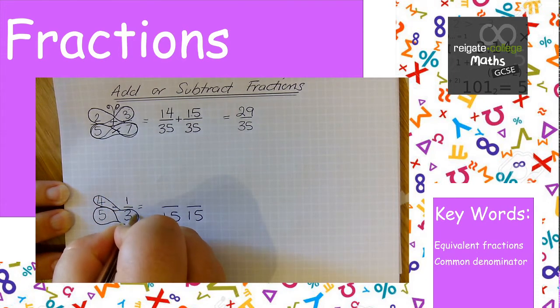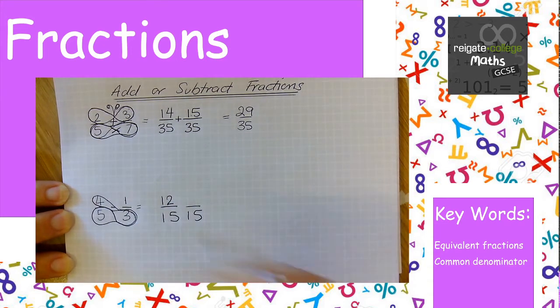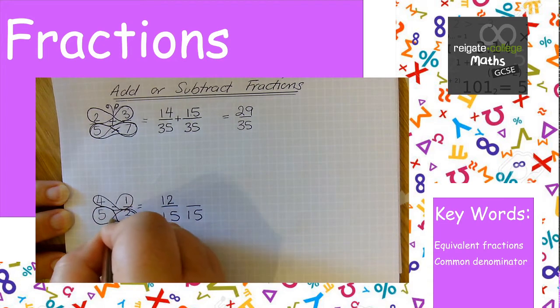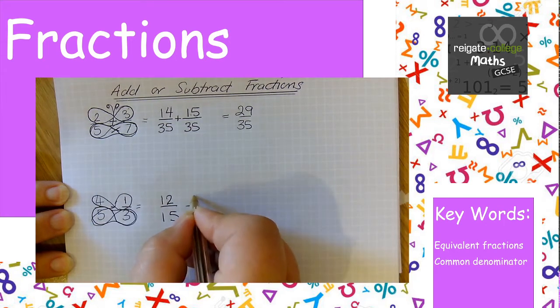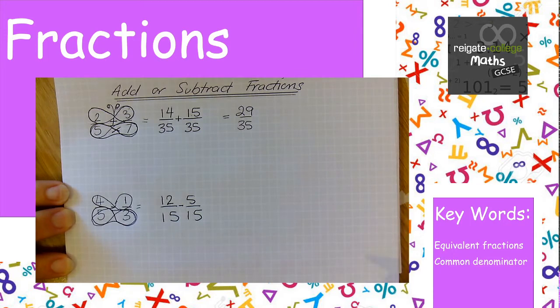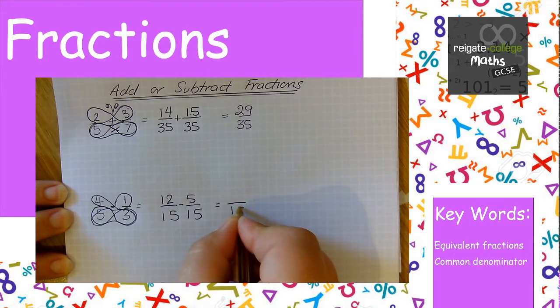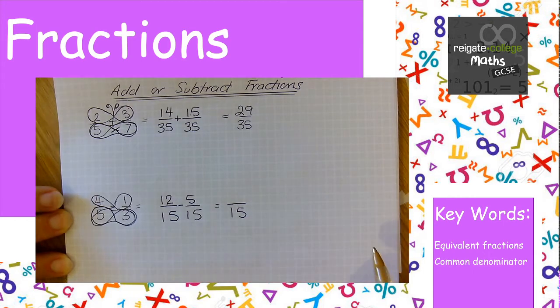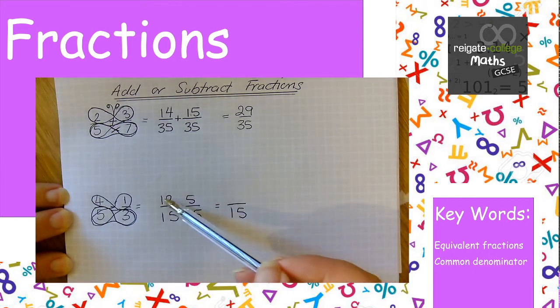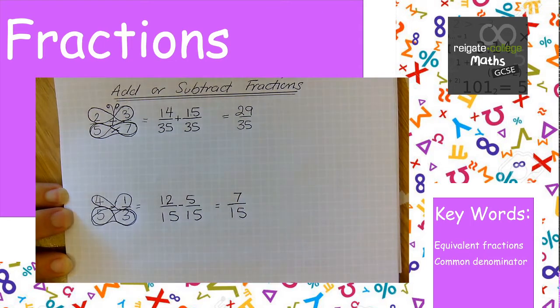Multiplying these 2 numbers, my first numerator is 12, and these 2 numbers, my second numerator is 5. I remember that this is a subtraction sum, so I'm still counting in 15ths. My denominator doesn't change. This time it's 12, take away 5, which leaves me with 7.